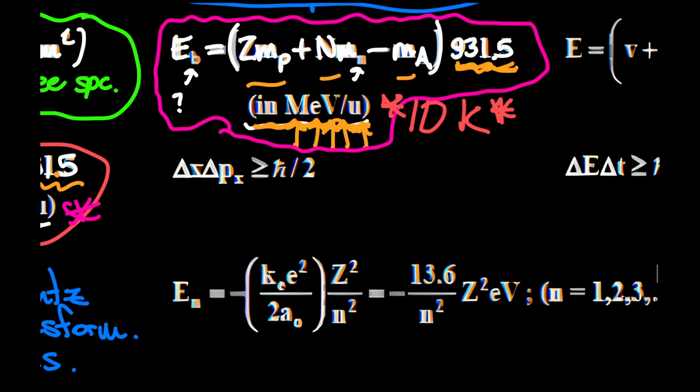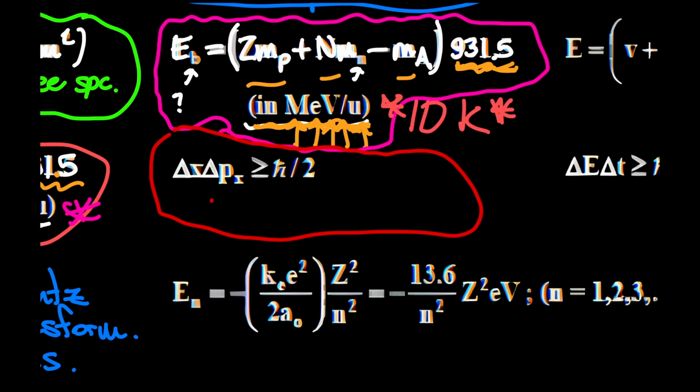Okay, now we are back to quantum mechanics. This is the Heisenberg uncertainty principle. Whoops, I wrote that a little badly. What it looks like is delta x times delta p subscript x.